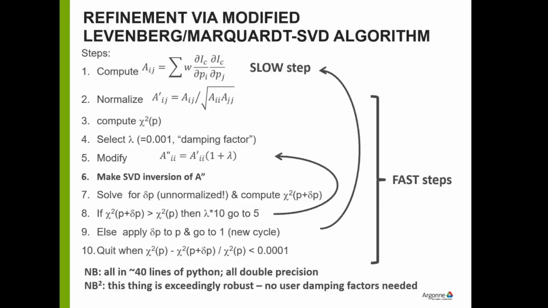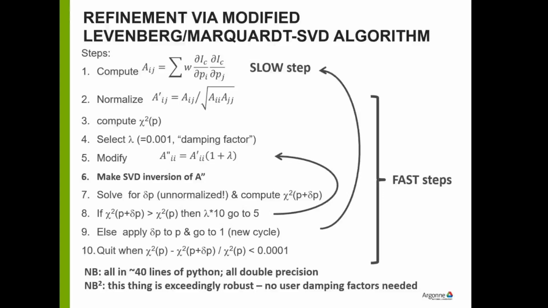So it's a lot more complicated than simple least squares because it jumps back and forth between making this matrix and doing these calculations. This stuff in here is all pretty fast. That's not. So the amount of time it takes depends a great deal on how well it does the minimization. This whole thing is in about 40 or 50 lines of Python, making use of the NumPy package to do matrix multiplications.